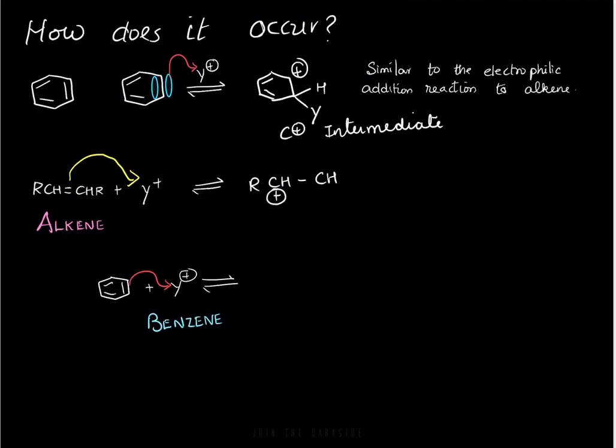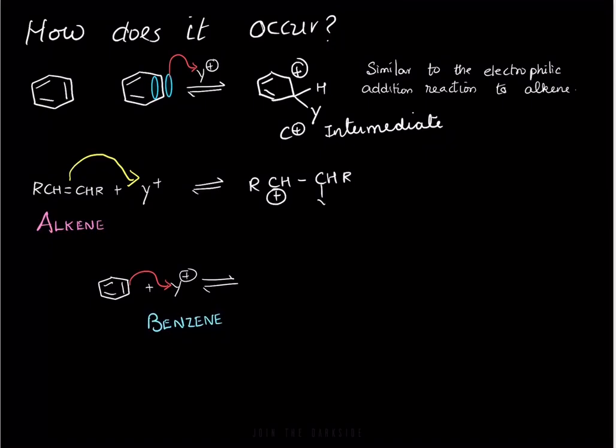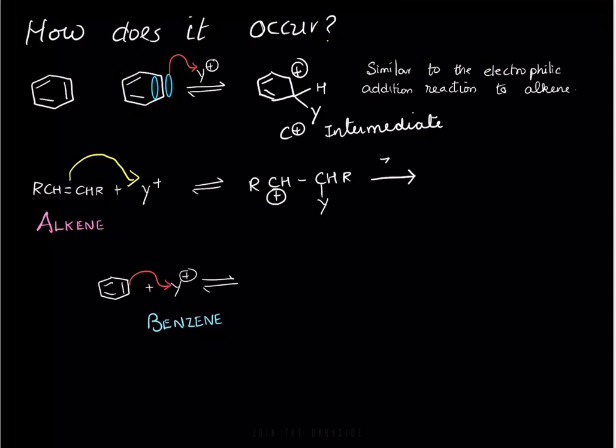Here, because the structure is symmetrical, you don't have to be worried about what type of carbocation is formed. But in general, the most stable carbocation is going to be formed depending upon the substituents on the carbon. And then the nucleophile will go and attack the carbon which is electropositive, and this would be the product that will be obtained.